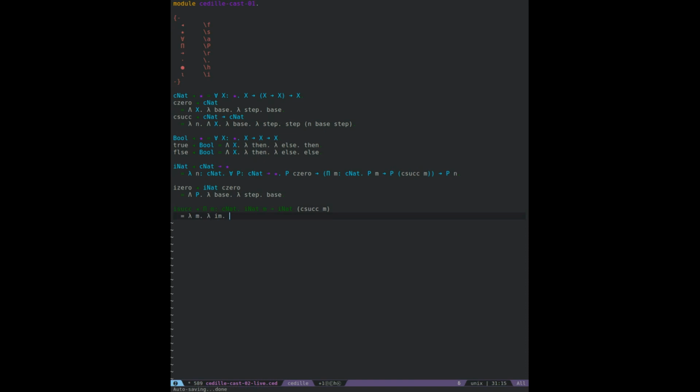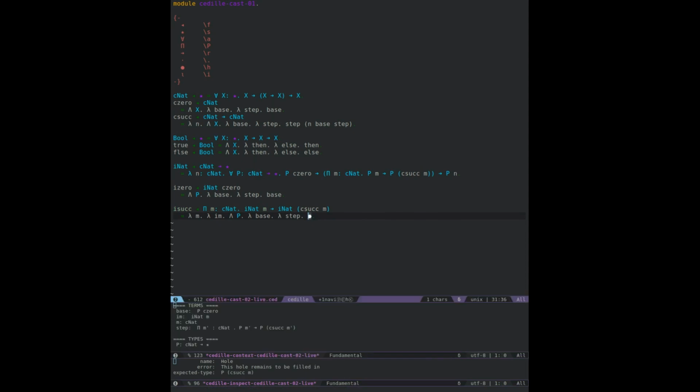Now I need to introduce the proof that the successor of m is inductive, so I'll say give me a P, give me a base, give me a step, and what I'll do here is use my step case. So let me bring up the inspect buffer with I and the context with C, and say I need to prove P holds for the successor of m. My step case will give me P holds for the successor of some m, provided that I say the m that I want to give and a proof that P holds for m.